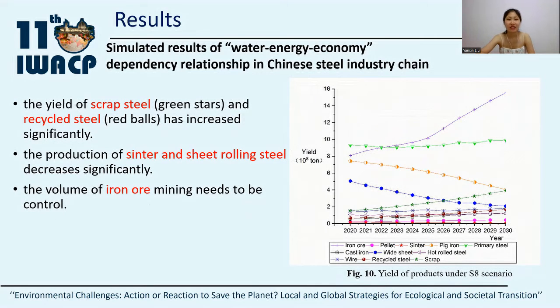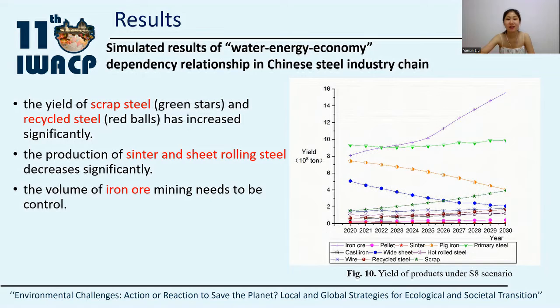Therefore, we analyze the yield of the steel products in this scenario 8, and we found that the yield of scrap steel, which is the green star line, and the recycled steel, which is the red bow line, has increased very significantly. And we also found that the production of sinter and shear rolling steel decreases very significantly.